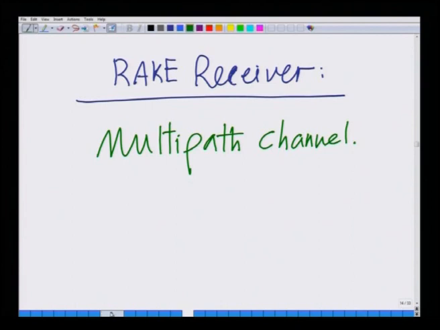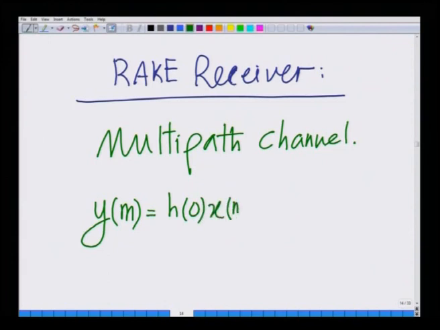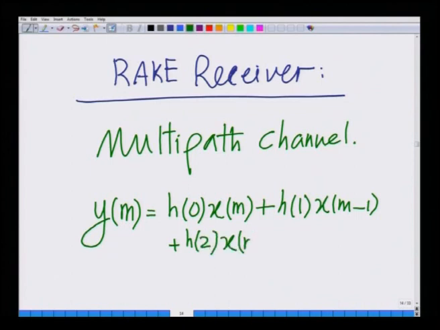The received signal y m can be represented as h0 x of m plus h1 x m minus 1 plus h2 x m minus 2 plus h L minus 1 x m minus L plus 1.